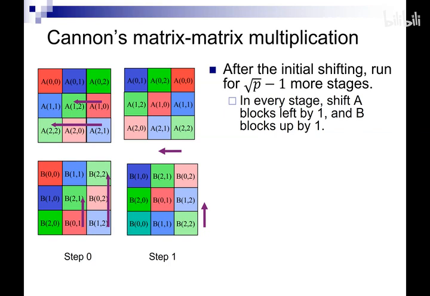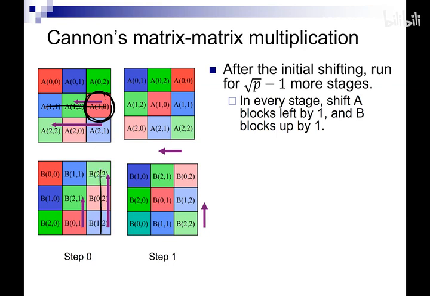For example, if you look at this process, it wants to produce this part of the output in C. So it's going to take this row and multiply by this column.